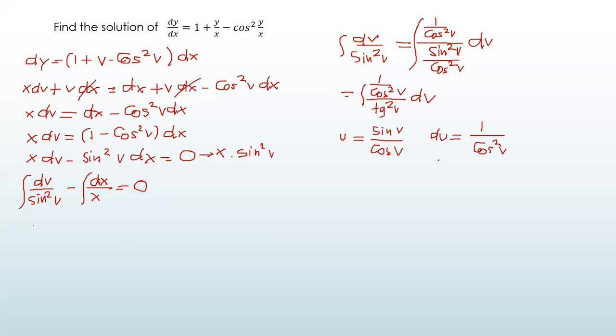So these integrations we may write 1 over cos squared phi dv is du, so it becomes du over u squared.